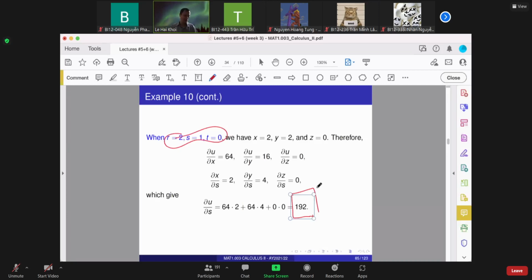This is not a complicated formula. The formula you should remember, but you should try to understand and know how to do it for each concrete case. The computation is not complicated, right?